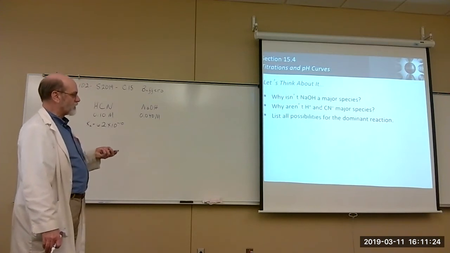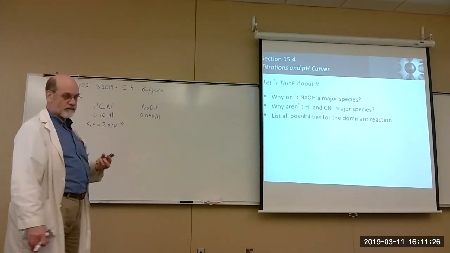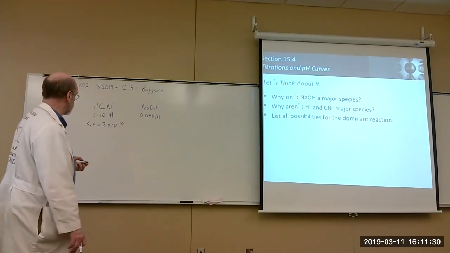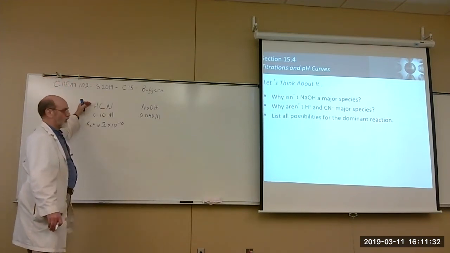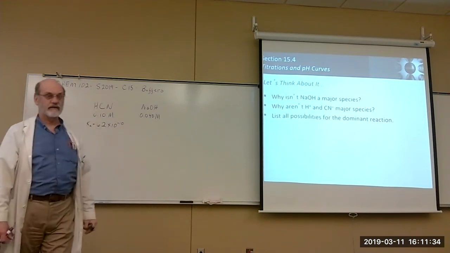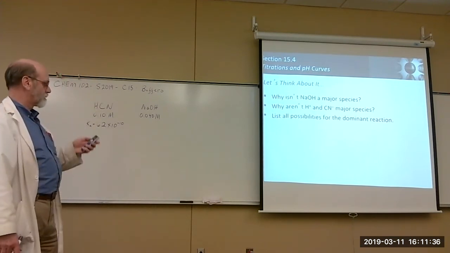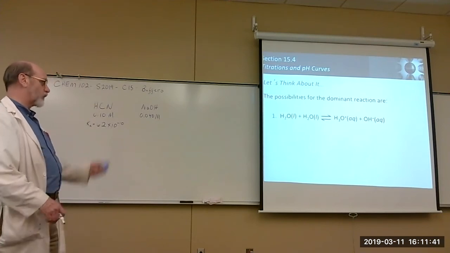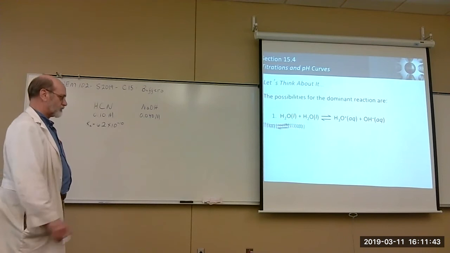And hydrogen ions and cyanide ions are not major species because it's a weak acid. So most of it is going to be in this form, practically all of it. So what are our dominant reactions? Well, of course, we have water that we considered.